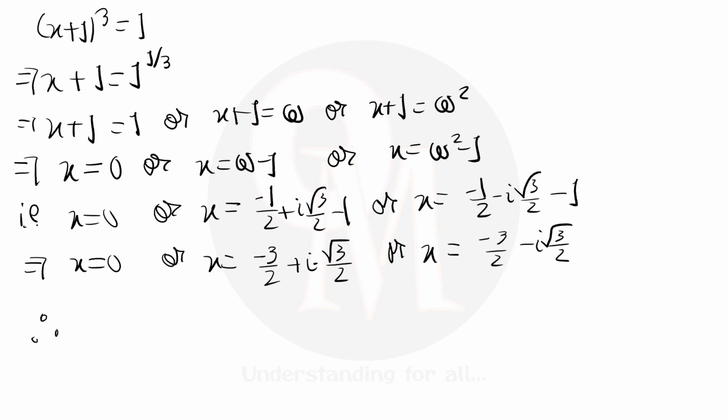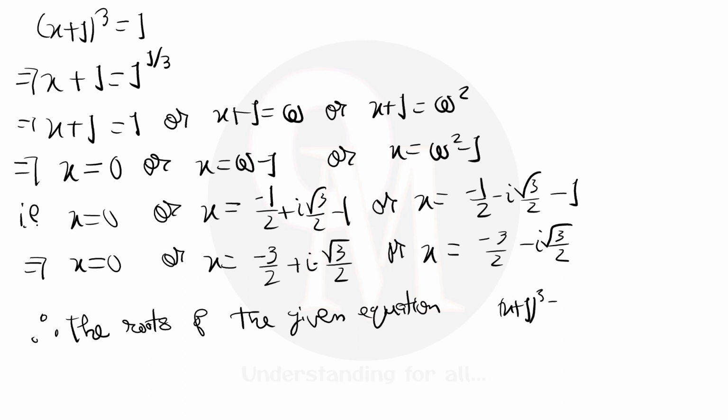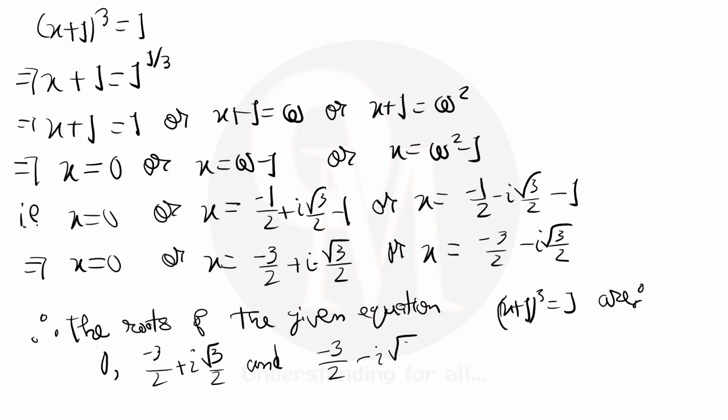Therefore, the roots of the given equation, that is (x plus 1) whole cube is equal to 1, are 0, minus 3 by 2 plus i root 3 by 2, and minus 3 by 2 minus i root 3 by 2.